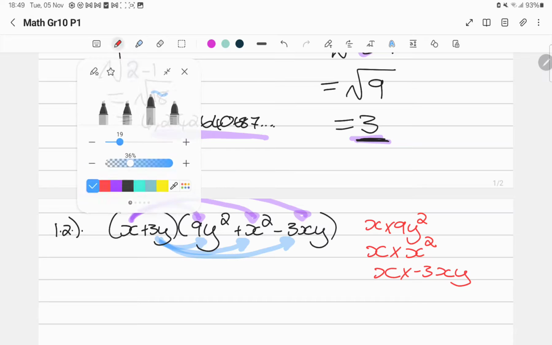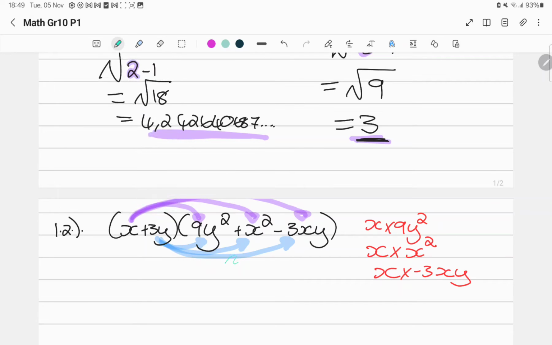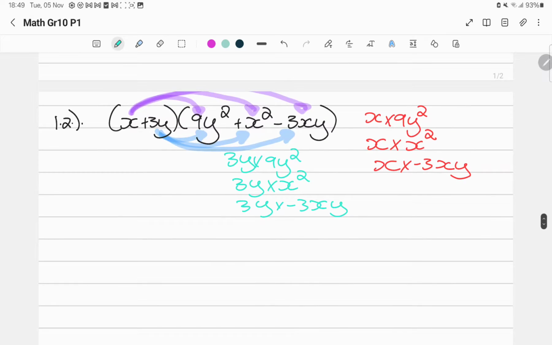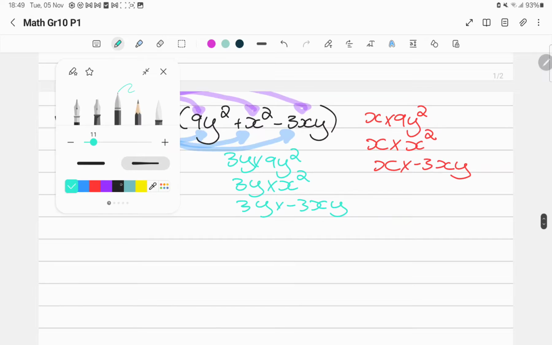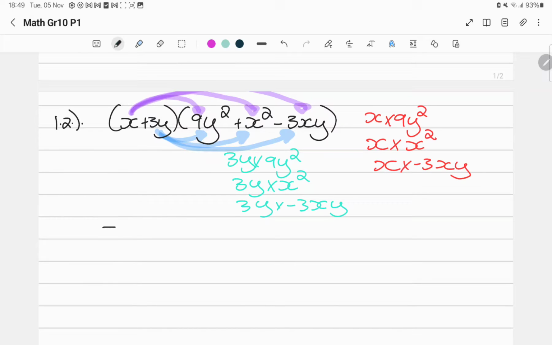So what is 3y times 9y squared? What is 3y times x squared? And what is 3y times negative 3xy? Alright, you don't have to show these steps, you can just automatically write your answer.